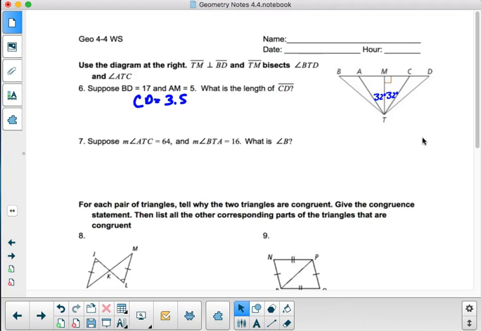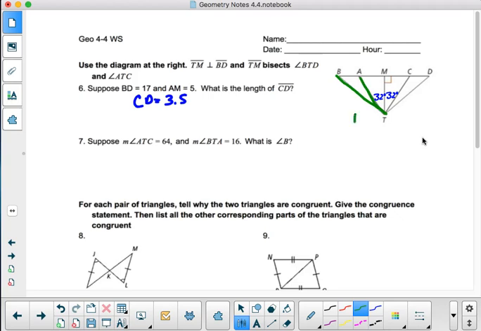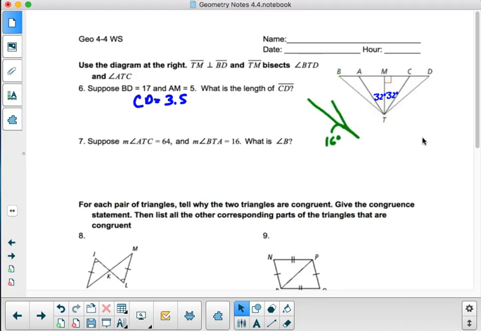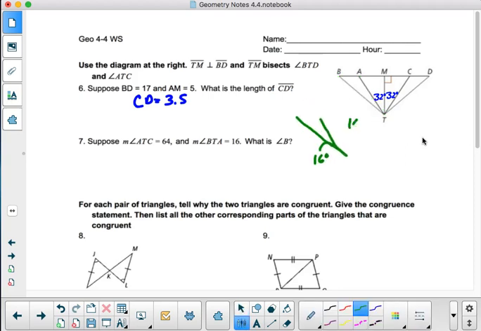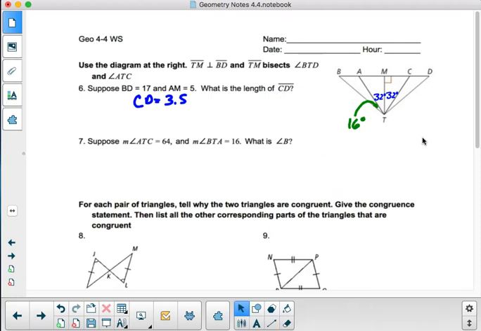So those are both 32 degrees. And I'm told that BTA is 16, so this is 16 degrees right there. Let's see what they want me to find.